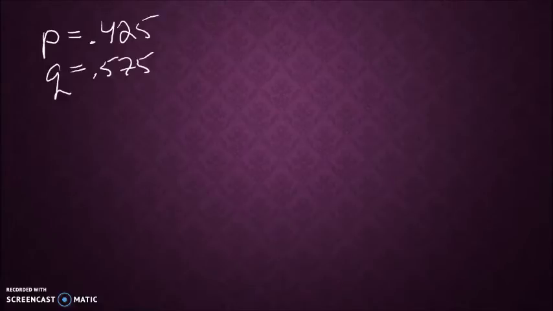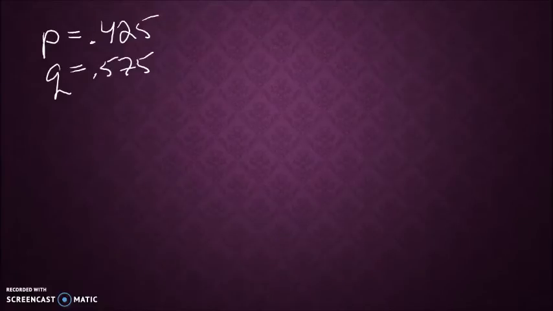So now that we know how to come up with our observed allele frequencies and our observed genotype frequencies, to use that equation, all we have to do is plug those numbers into the equation. So what we had here was P equaling 0.425 and Q equaling 0.575. Now, plug this into our equation.